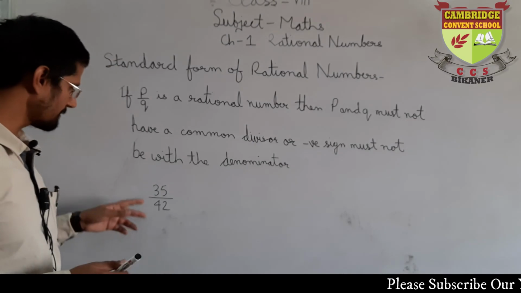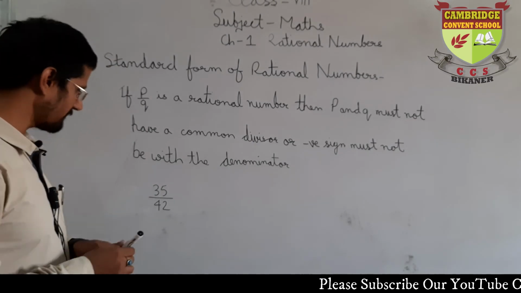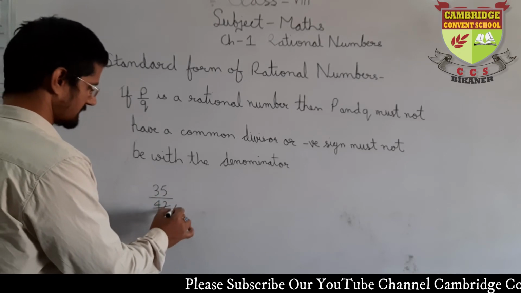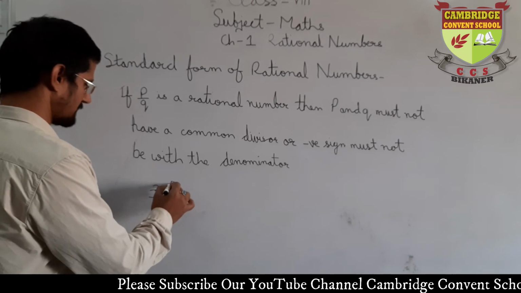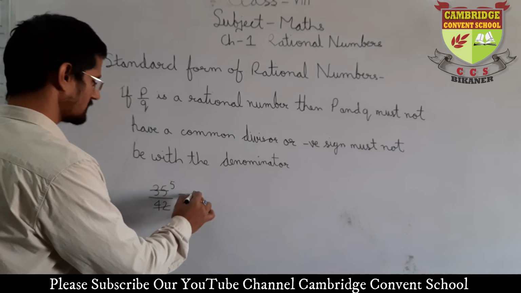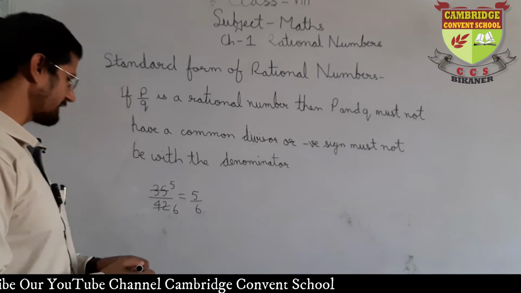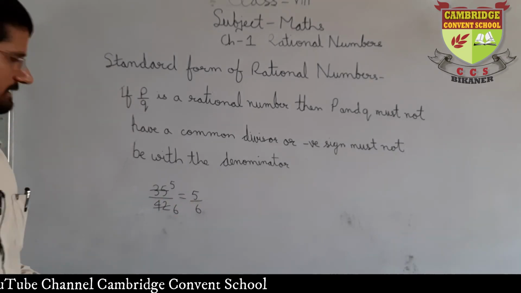You all know that the HCF of 35 and 42 is 7. 7 sixes are 42 and 7 fives are 35. So the standard form of 35 upon 42 is 5 upon 6.